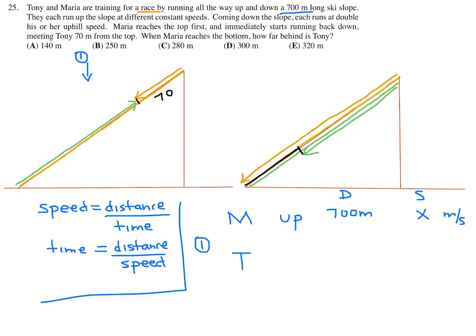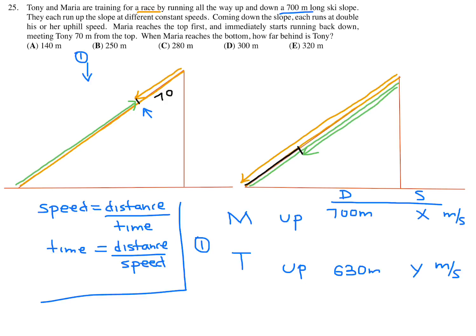Tony, when he goes up, also goes up the same distance, 700 meters, but he meets Maria at this point right there, which is 70 meters from the top. So he actually doesn't travel a full 700 meters. He travels 700 minus 70, 630 meters, correct? And we'll make his speed y meters per second.